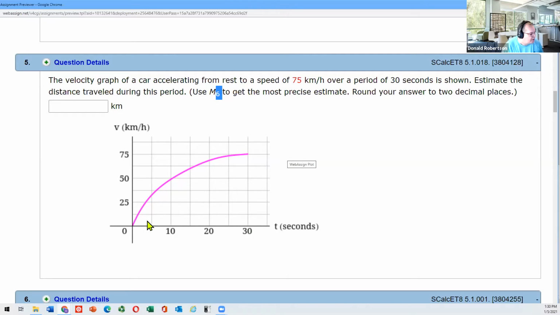So 30 take away 0 divided by 6 gets you 5. So we are talking delta x is 5, okay? So I'm going to draw a very bad version of that picture so I can draw on it for you. And it looks something like this, which you'll see in a few moments.